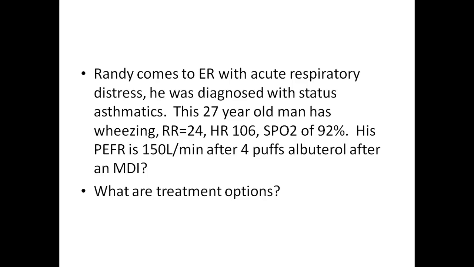We have 2 options. We could repeat the 4 puffs of albuterol, or we may recommend switching to a small volume neb, and that would be because his peak flow rates are fairly low.